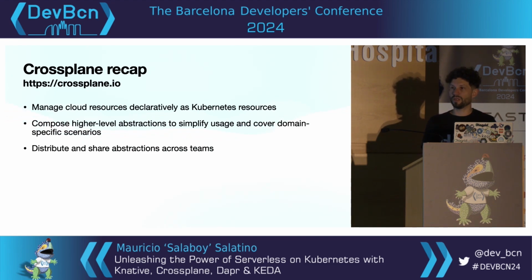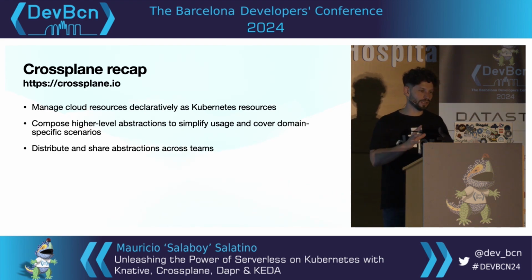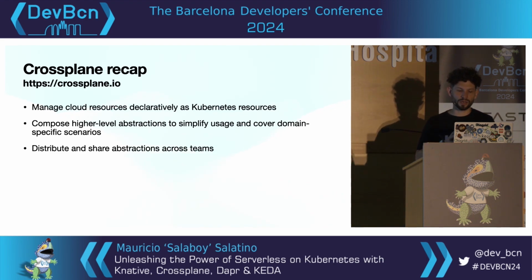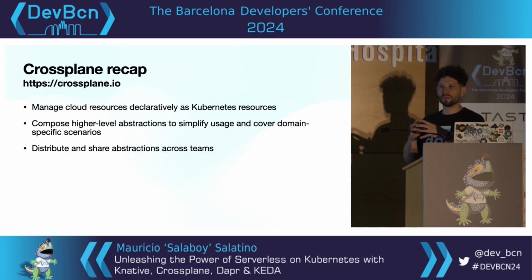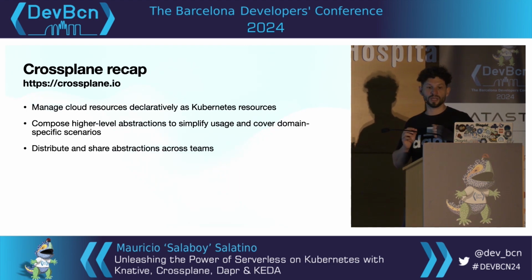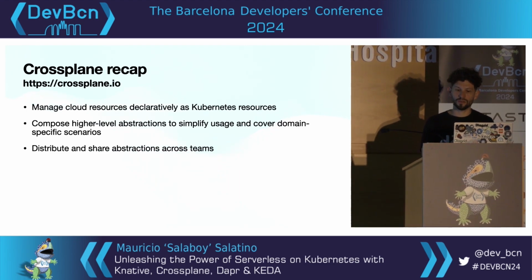And the other thing that you can do with this is, because you have some kind of packaging mechanism, all these YAMLs and all these compositions and all these abstractions can be packaged as containers. So I can just package everything as an OCI image, share it with another team that can install it in their Crossplane installation and start using these resources, which makes it even more attractive for platform teams to share knowledge and share these abstractions across different installations. So I strongly recommend to check that out.